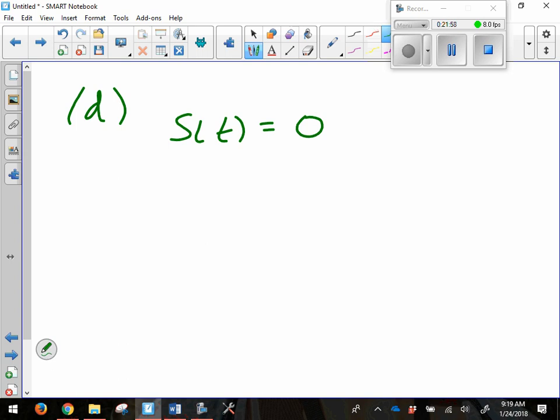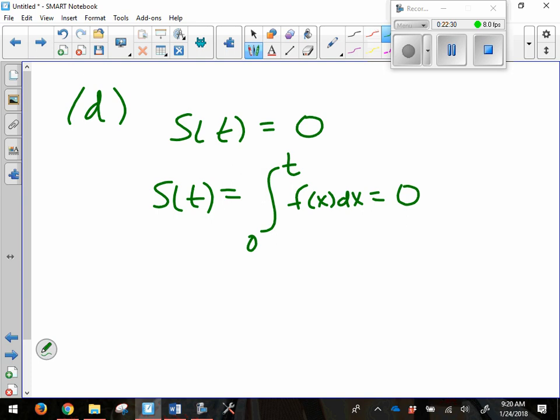This particle is really only moving in one dimension. I think it tells you that somewhere. Is it true? Okay, so my formula for S of t is the integral from 0 to t of f of x dx, and I want to know when that's going to be equal to 0. What does this mean again?